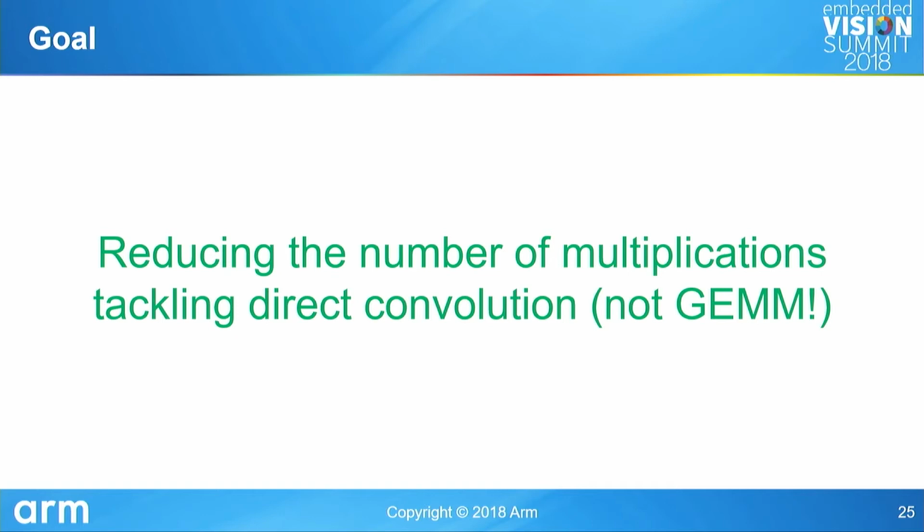So essentially now, let's forget the GEMM-based approach. Let's forget image to column, let's forget column to image, let's forget GEMM. What we want is to reduce the amount of multiplications of direct convolution. Direct convolution is simply the sliding window approach we used to see, for instance, in image processing. It's the same approach.